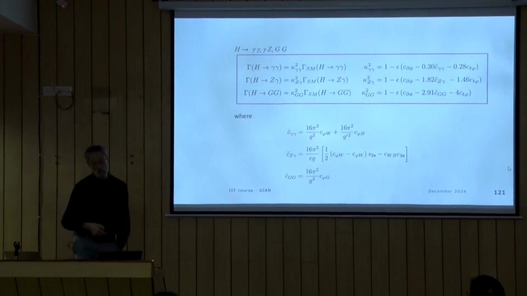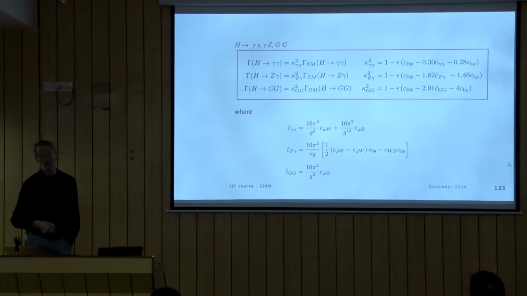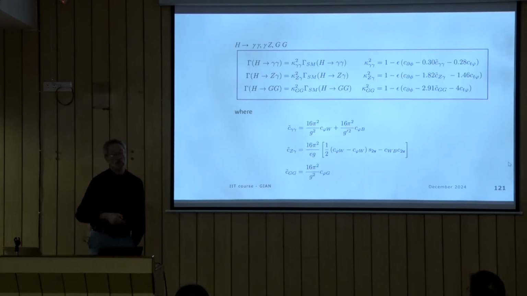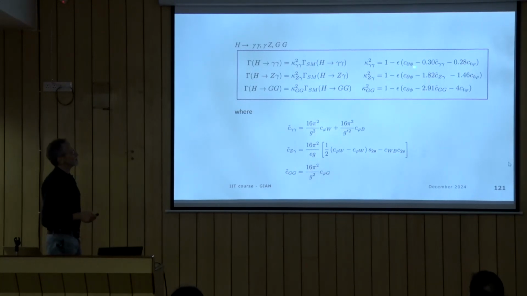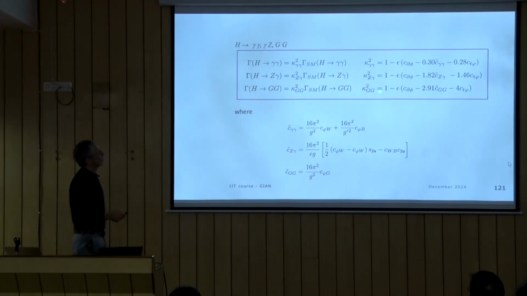And the loop doesn't give a number like 3/2 or a nice rational number, but just numbers that depend on the masses in the loop, the top quark, the W, the gauge coupling constant, things like that. And so you get funny numbers like this. But that just comes from the interference terms.